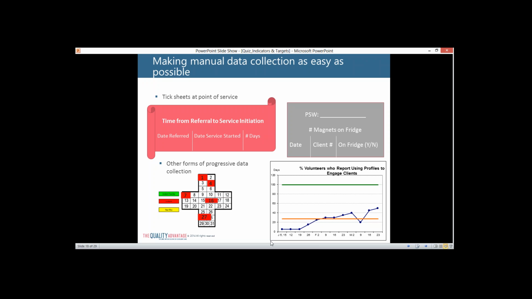The volunteers in the background would likely be sending in a weekly data sheet with tick marks, and then someone else would be aggregating that and saying, of the clients with whom volunteers engaged over that week, how many of those encounters did the volunteer actually use the profile that was provided to them to engage with the client? That percentage is marked on there, and hopefully that increases over time to be 100%.